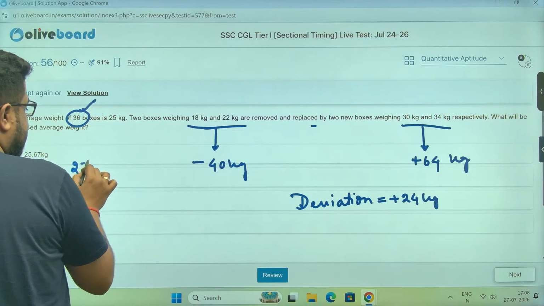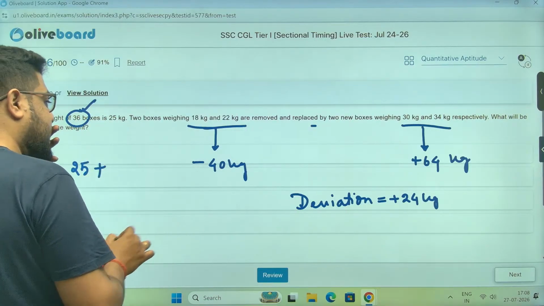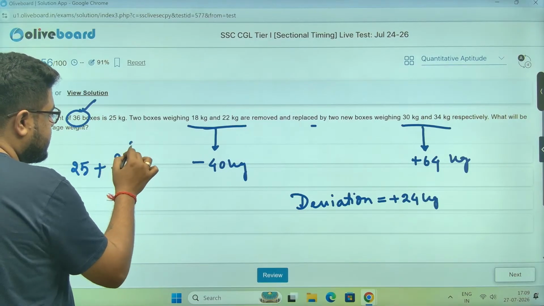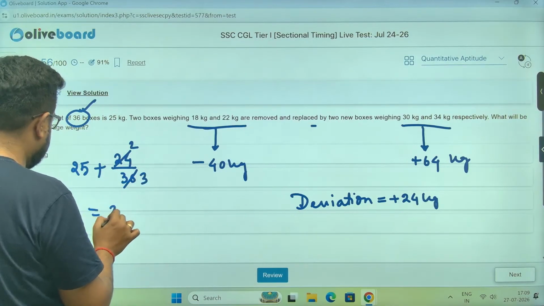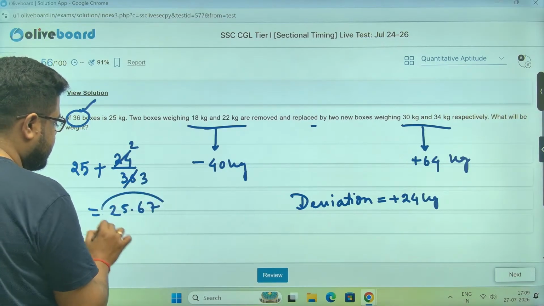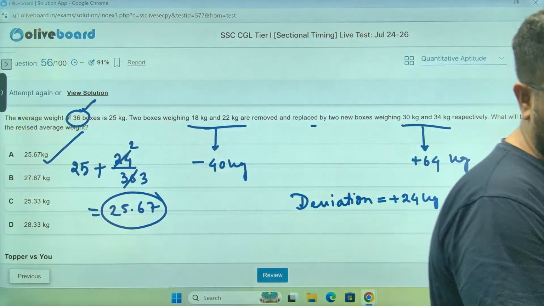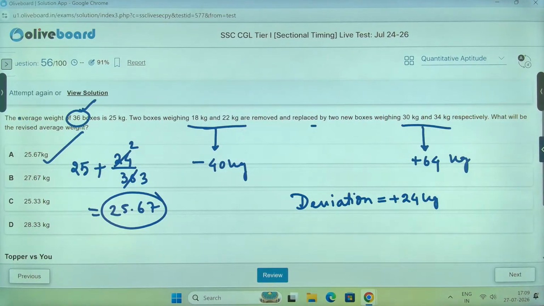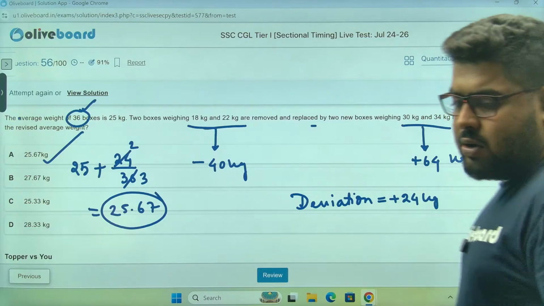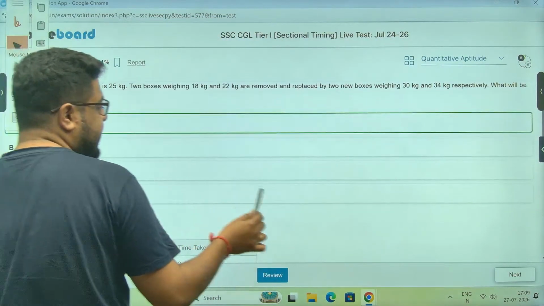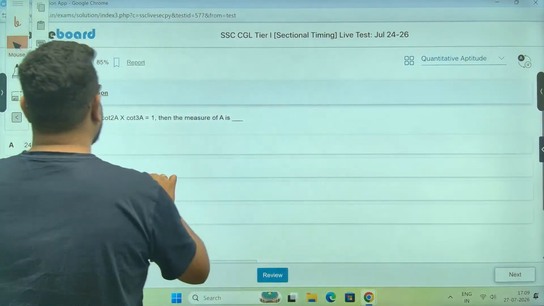So my average will be 25 plus 24 out of this, so this is 2 by 3. 25.67. Option number A once again is your correct answer. Don't try to do total, then total, and do all those things. It will take much more time than this.